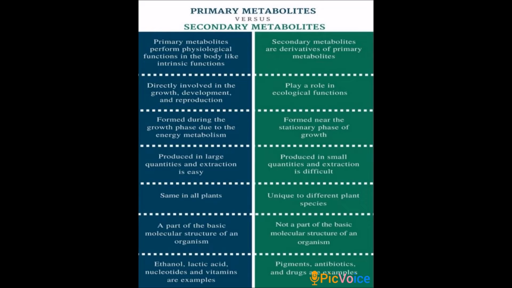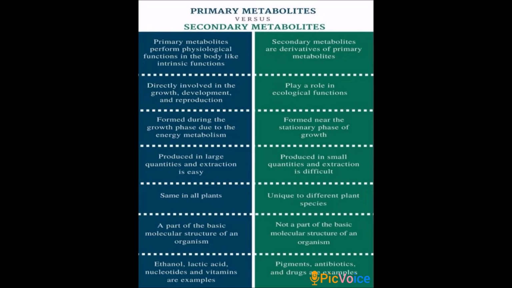Whereas on this side, secondary metabolites are formed in the stationary phase of growth. Stationary phase means after the plant has fully grown, or after the human being has reached the matured stage. After the organism has matured, there is no growth phase, so it is in the stationary phase. During that time only the secondary metabolites are secreted.